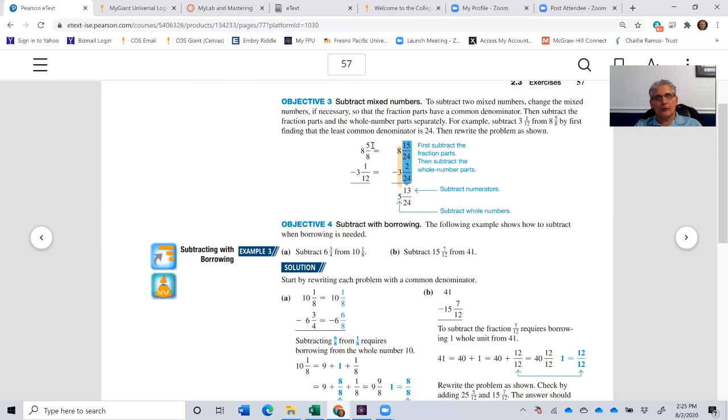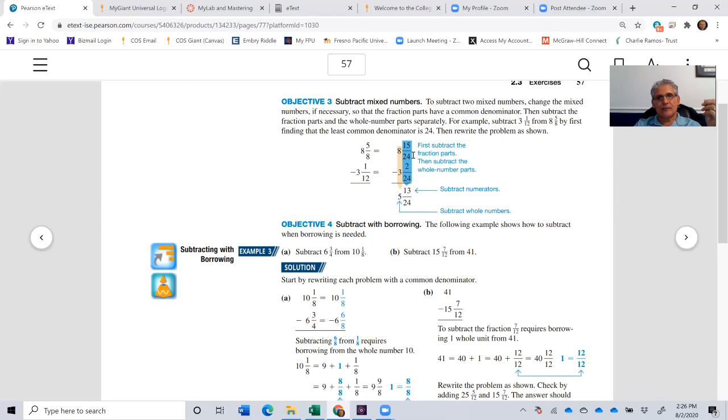So we're going to convert the 5/8 and the 1/12 using the lowest common denominator. We previously learned how to come up with that. In this example, we're looking at 24. So we plug in 24 in both cases as the lowest common denominator, and then we come up with our adjusted fractions, just like we've learned in previous sections.